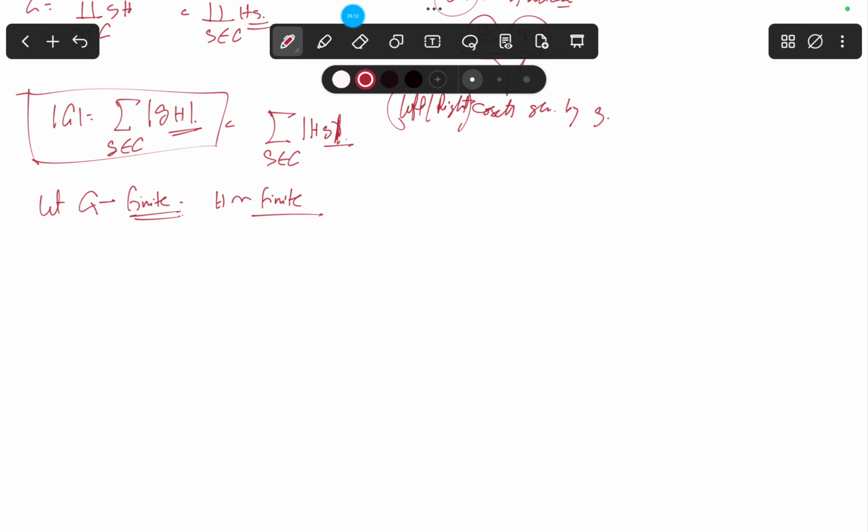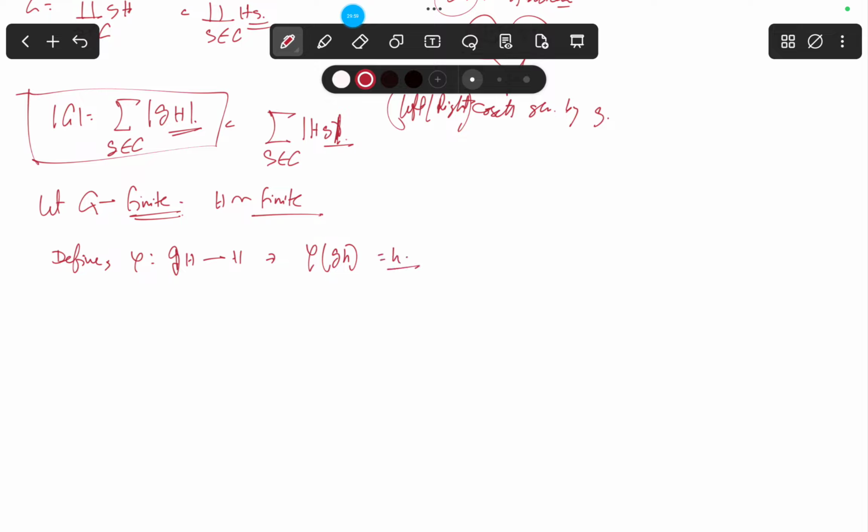Then we define a mapping phi from gH to H such that phi of gh is basically of the form h.